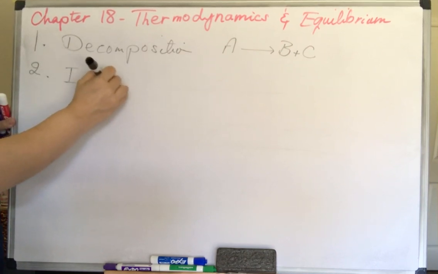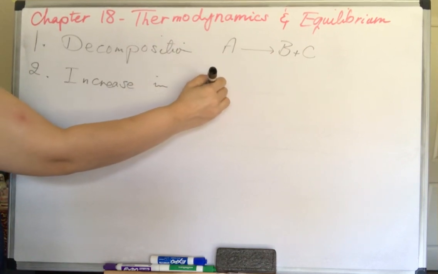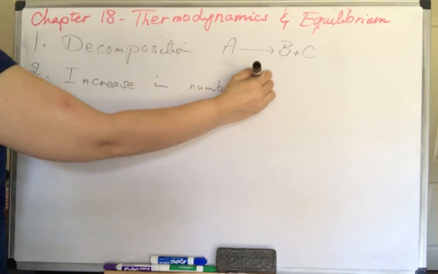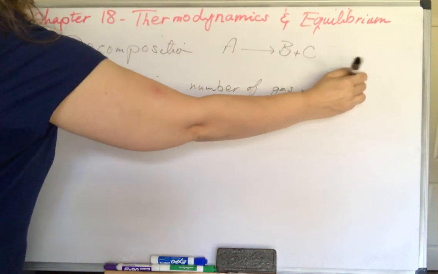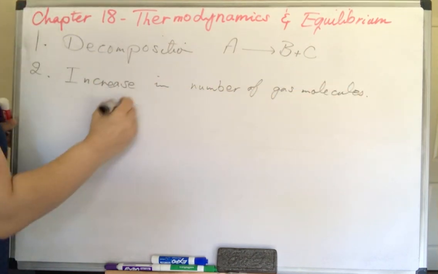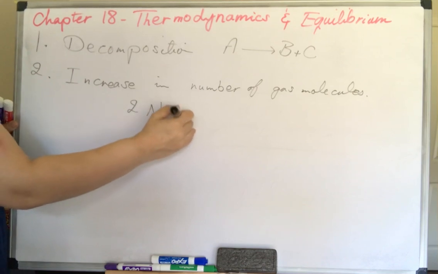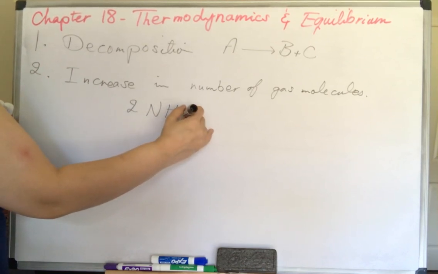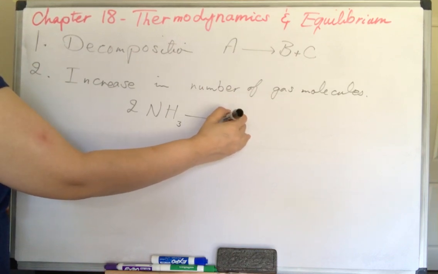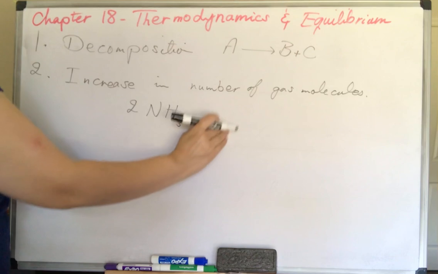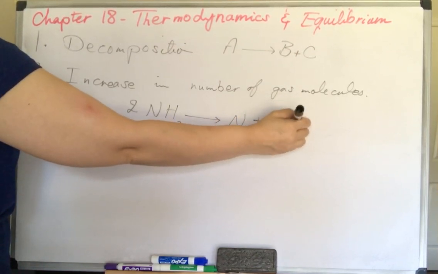A reaction where you have an increase in the number of gas moles, gas molecules. A good example is when 2 moles of ammonia change to N2 plus 3H2.